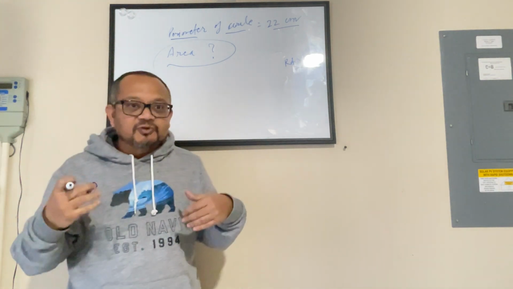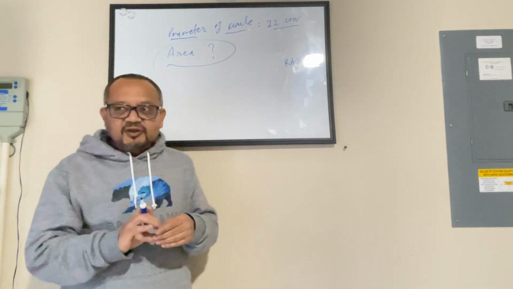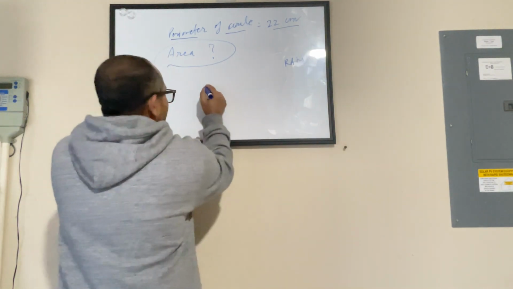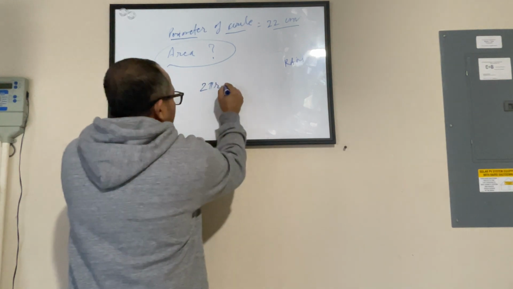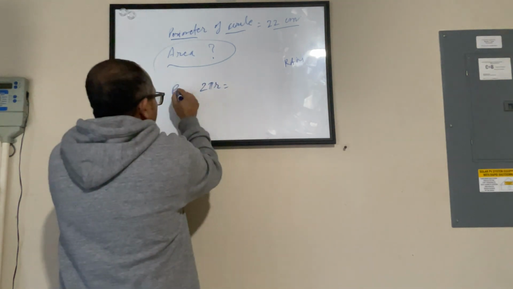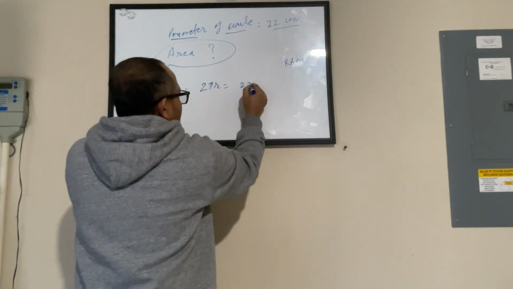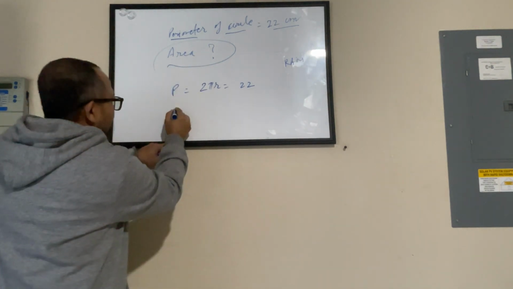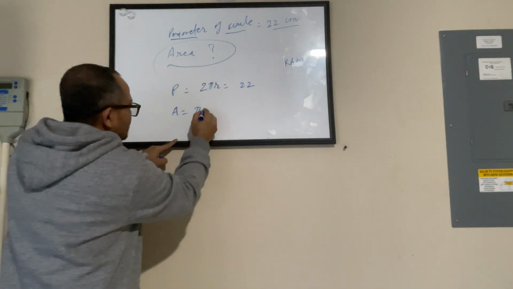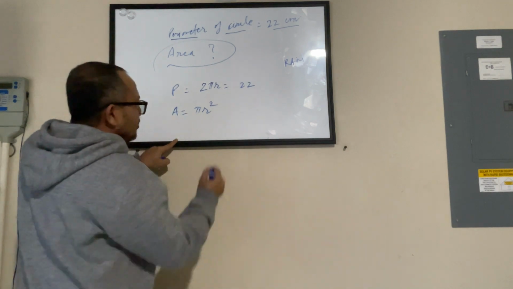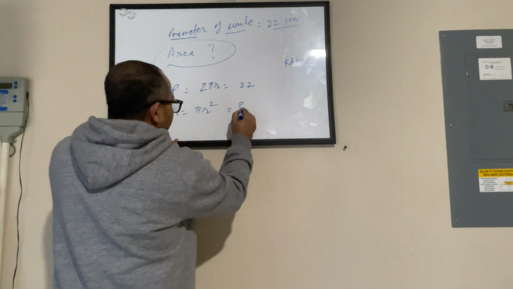That's the analysis I'm doing, because I know the formula for both. 2 pi r is the perimeter, and the value of that is given as 22. Area equals pi r square, and that is what I have to find out.